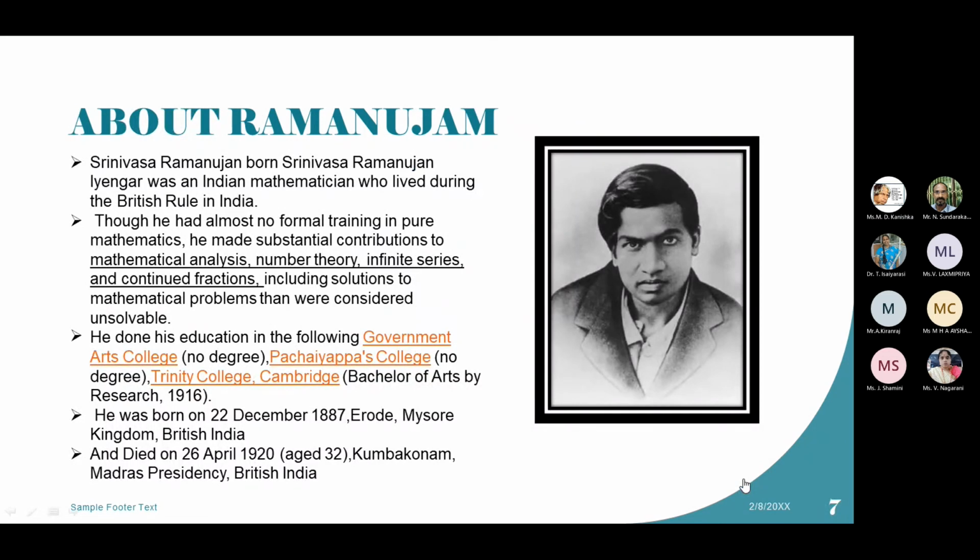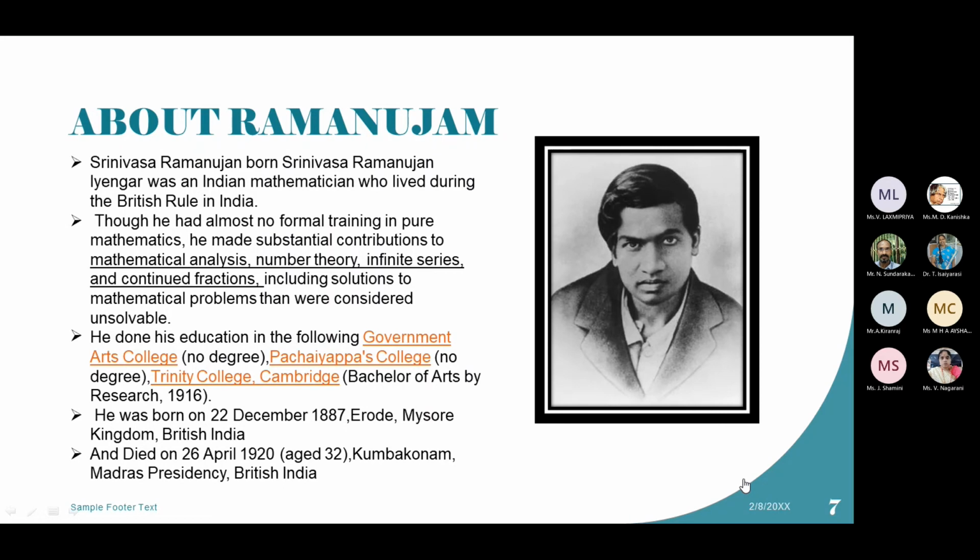Now we are going to see about Ramanujan. Srinivasa Ramanujan, born Srinivasa Ramanujan Iyengar, was an Indian mathematician who lived during the British rule in India. Though he had almost no formal training in pure mathematics, he made substantial contributions to mathematical analysis, number theory, infinite series, and continued fractions, including solutions to mathematical problems then considered unsolvable.